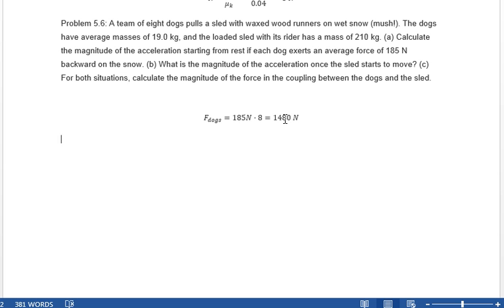The force of friction, right? Force of friction is due to what? So kinetic friction is mu k times the normal force.